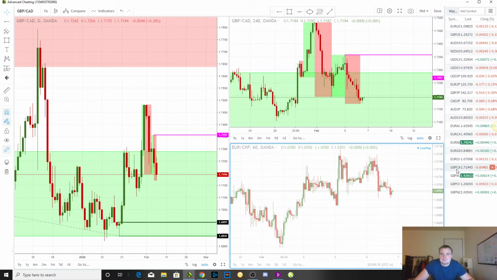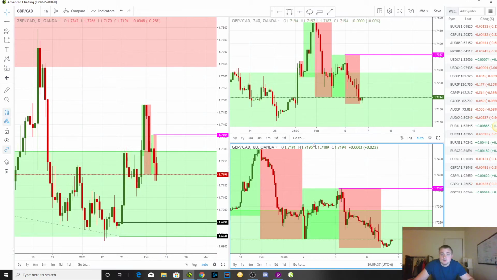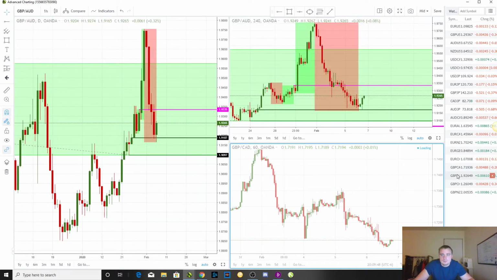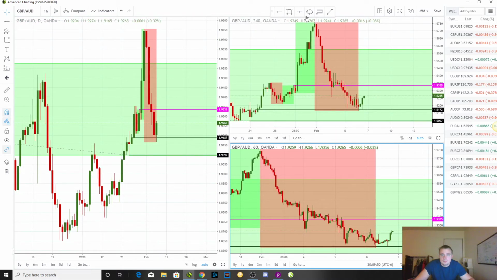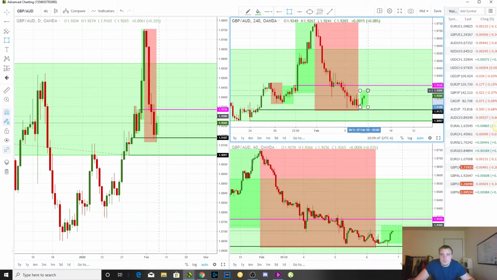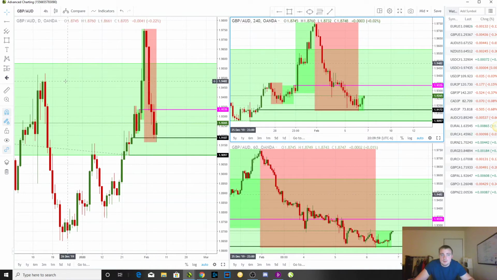Pound CAD's just a downtrend on 240. So we go upward move here on the pound Aussie. At daily level breakout, demand zone.